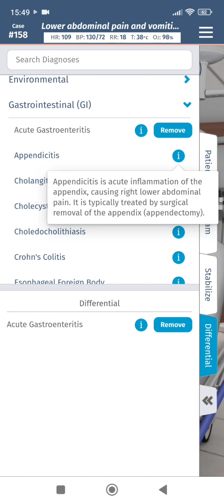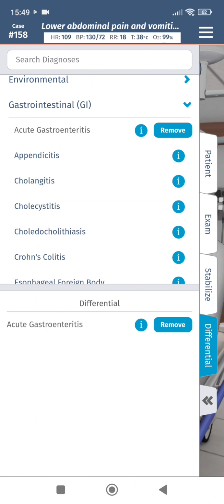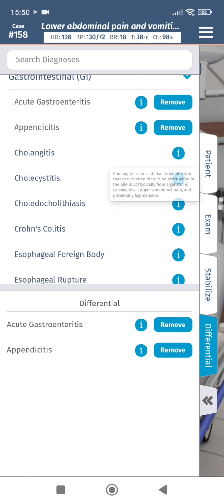We can ask about other symptoms like food poisoning. Another differential diagnosis I'm suspecting is appendicitis, because the patient has right lower abdominal pain and also severe pain.